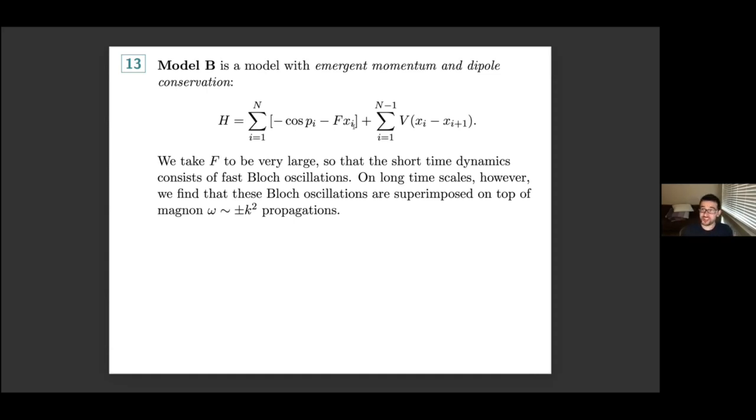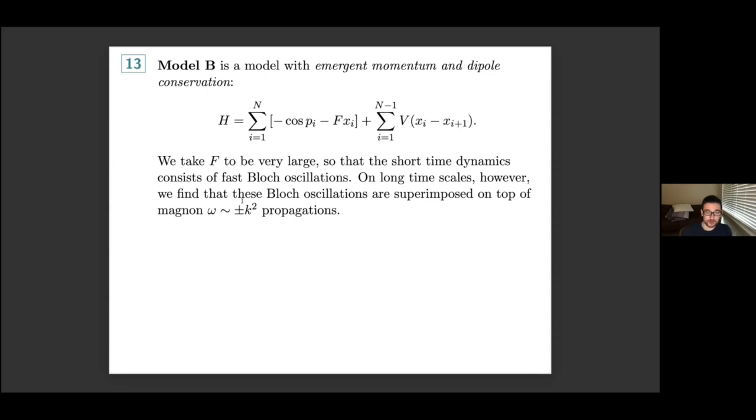As for why we think overall momentum is conserved, that's maybe a bit more of a spirited guess. But it turns out that if you take a solution to this model, which is coherent Bloch oscillations plus little perturbations, you find those little perturbations do have our k-squared dispersion relation. And so we conjectured this model might also lie in the same universality class as model A.